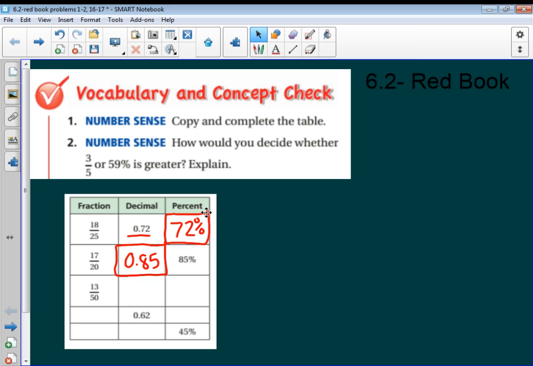So next, I just have my fraction. I'm going to turn that into a decimal and then into a percent. To take a fraction and turn it into a decimal, you just take 13 divided by 50, and I do that on my calculator.